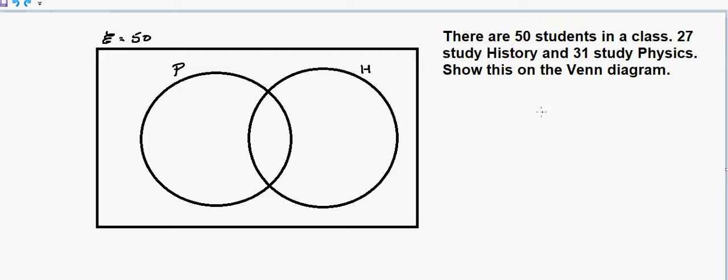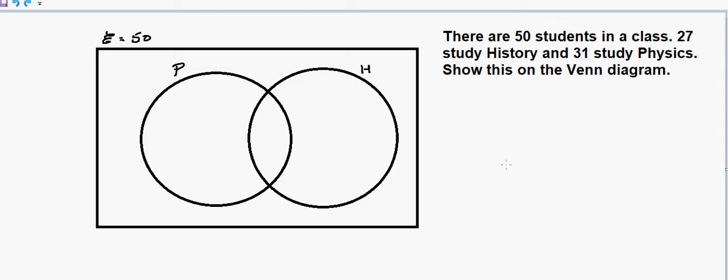So now if we look at our numbers, there are 50 students in total. 27 are doing history, 31 are doing physics. Now if we take 27 and 31, if we add them together, we get more than 50.